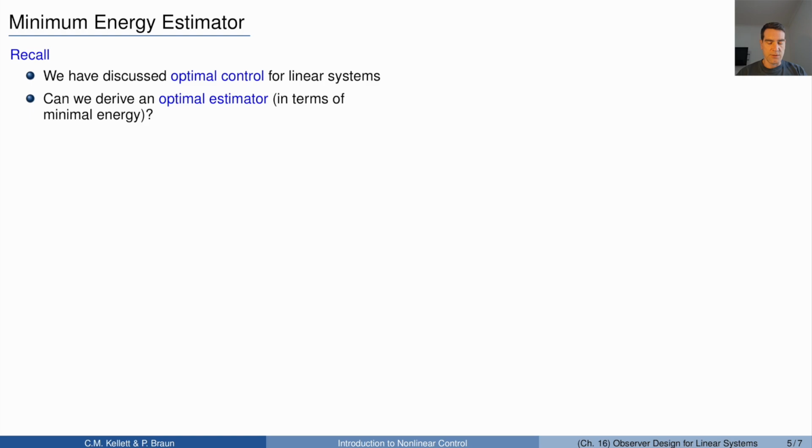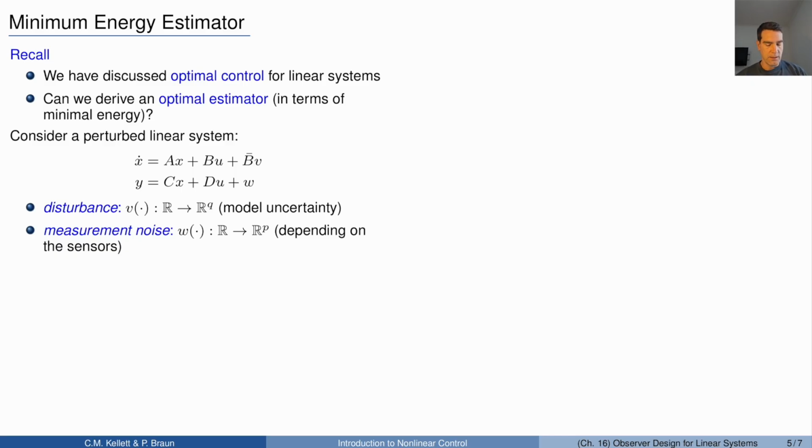Other observers for linear systems here in particular would then be a minimum energy estimator, extending the idea of linear quadratic regulators, so optimal controller designs now leading to optimal observer designs.